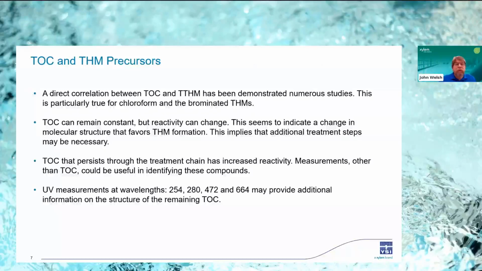And the consequence for treatment processes could be this, in that it implies that in addition to what's currently being used in the process, additional treatment steps may be necessary. It also seems to suggest that additional measurements may be necessary to actually characterize these compounds as they move through the treatment process.